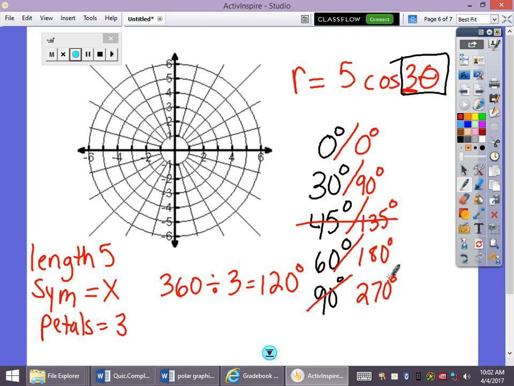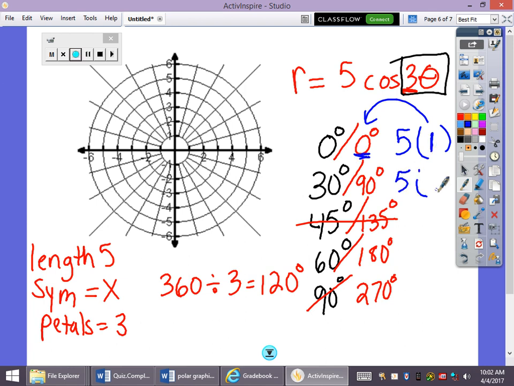Okay, excellent. Now, I'm going to do 5 times the cosine of this red number. The red number is after I've already multiplied by 3. So, what is the cosine of 0? It is 1.